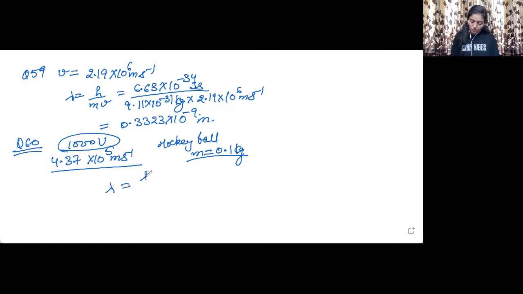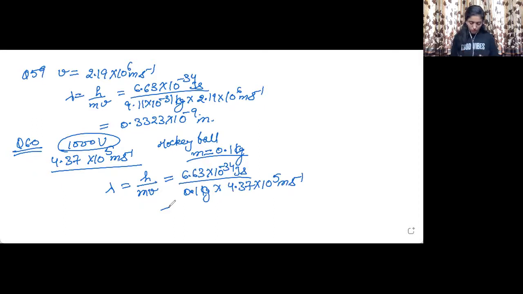Lambda is equal to h upon mv. So it is 6.63 into 10 raised to the power minus 34 joule second upon mass 0.1 kg multiplied by velocity 4.37 into 10 raised to the power 5 meter per second. 6.63 divided by 4.37 is coming out to be 15.17 into 10 raised to the power minus 34 minus 5, that is minus 39 meter.